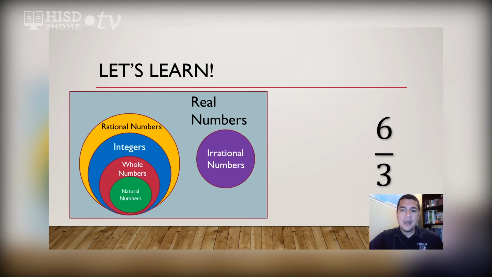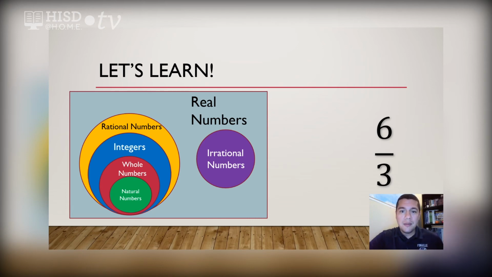This number is in the form of a fraction, but we said at the beginning that if we have a fraction, we have to simplify it and make it into its decimal form so we can know exactly what set of the real numbers it is contained in. So let's say 6/3 simplified is going to be equal to 2, the number 2.